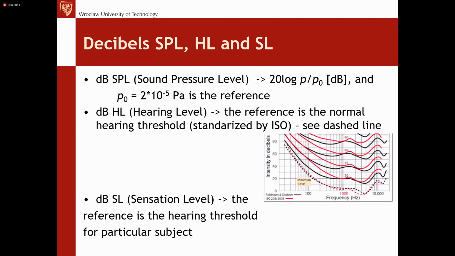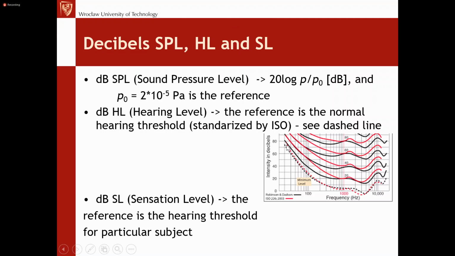And let me explain what these kinds of decibels mean. So dB SPL, decibels of sound pressure level, means, according to this formula, where P0 is a reference and it is 20 micropascals.